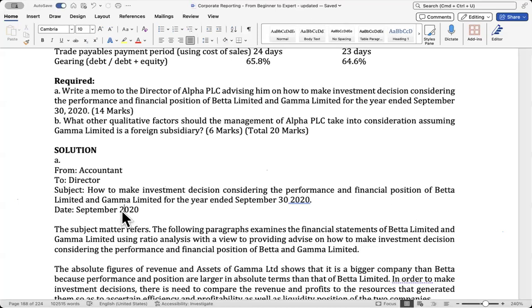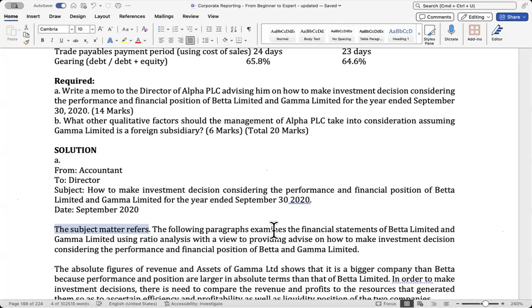Then I start with an introduction. You can introduce however you want to, if you have more detailed information. But I just want to introduce like, okay, the subject matter refers.